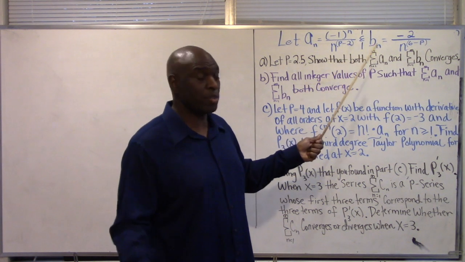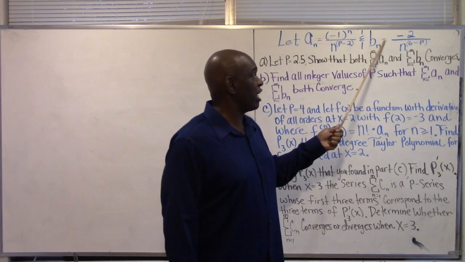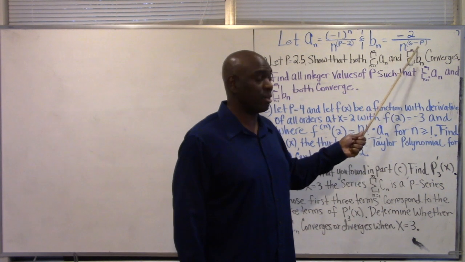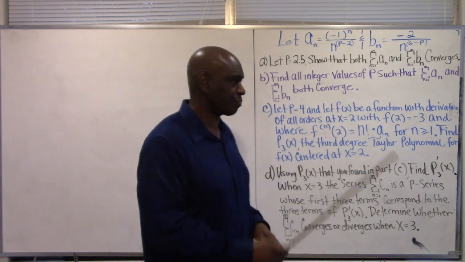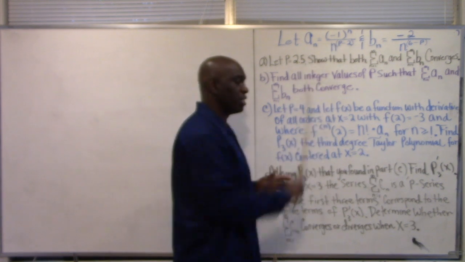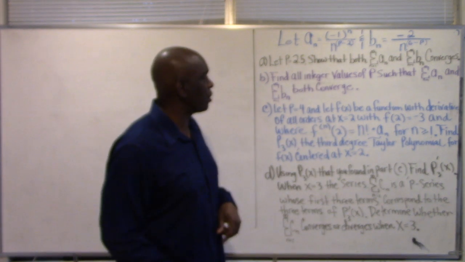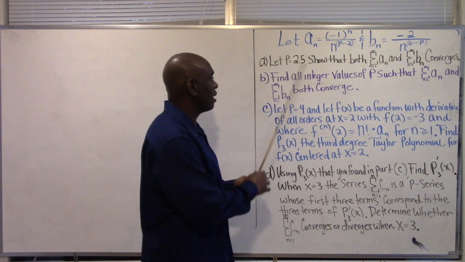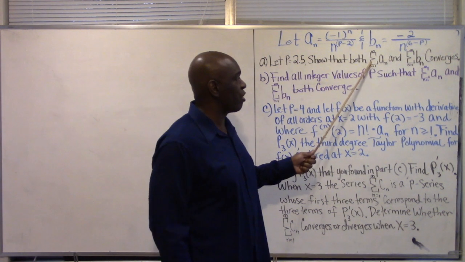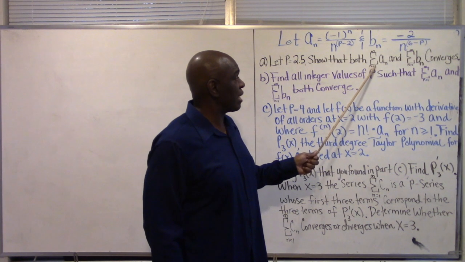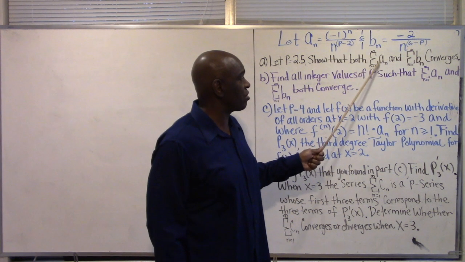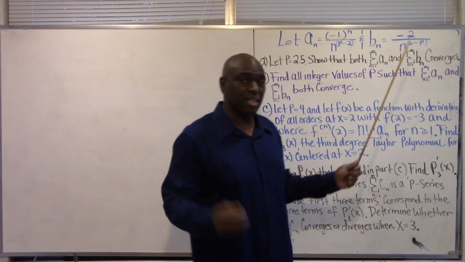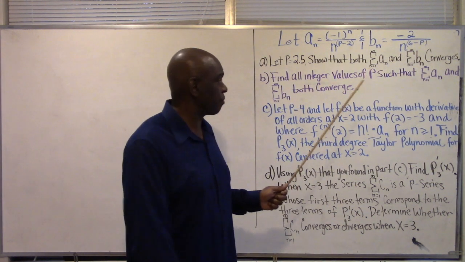And we're going to let the sequence b subscript n equal -2 divided by n to the power of 6 minus p. If we're given these two sequences, the first thing we want to do is let p equal 2.5. Let's show that both of these series, as n goes from 1 to infinity, the series of a_n and the series of b_n, converge.